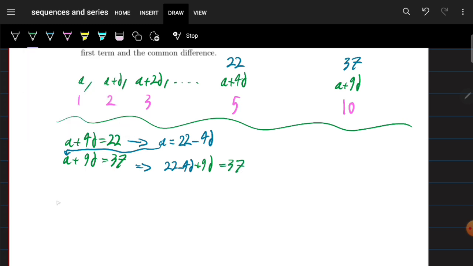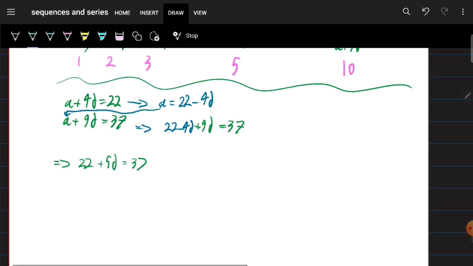Okay, so we have 22, negative 4D plus 9D, that's 5D, is equal to 37. We subtract 22 on both sides, so we get 5D is equal to 15. And now we simply have to divide both sides by 5 to get that D is equal to 3.